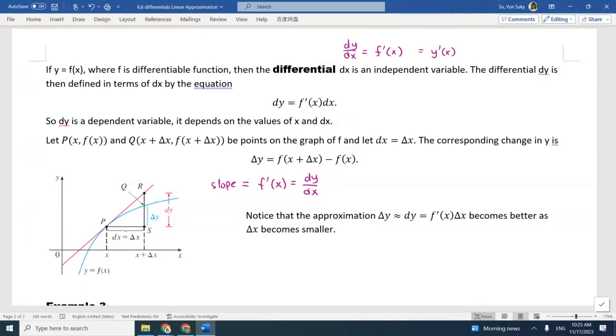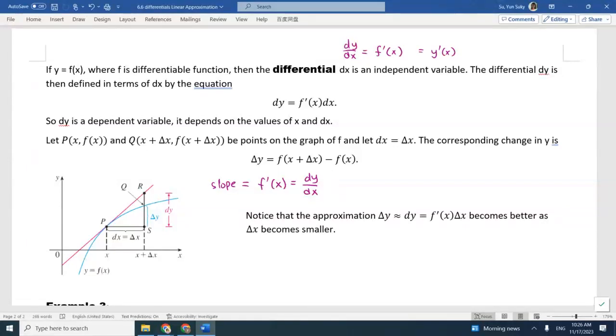You have 2 points: x, and x plus change of x. Then your change of y will be f of x plus change of x, minus f of x. And this is the change of y.